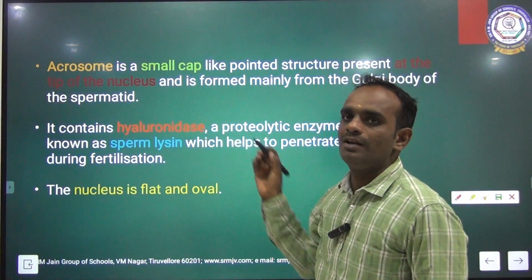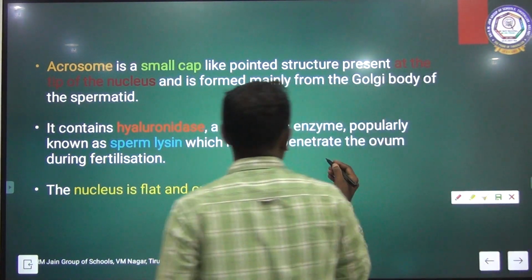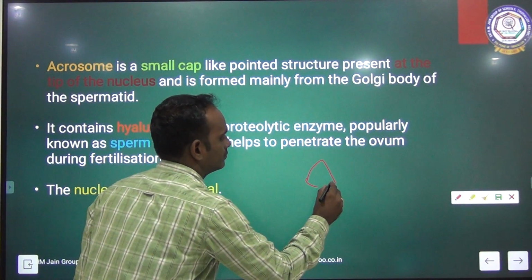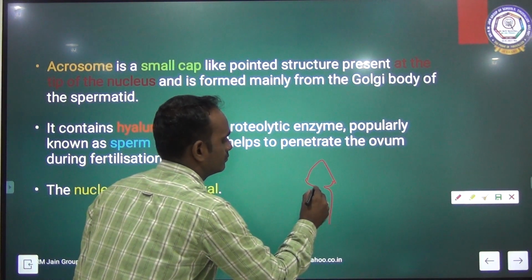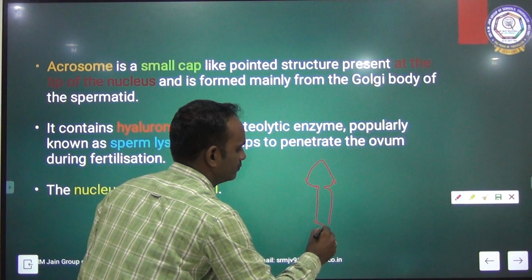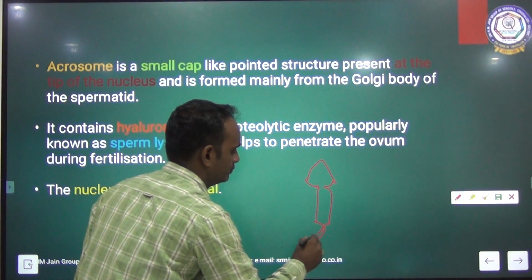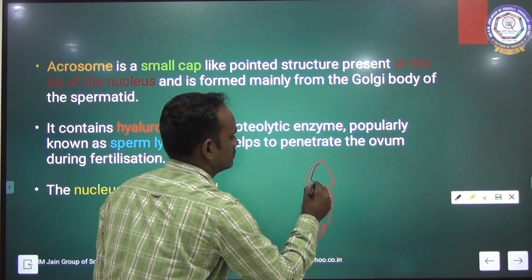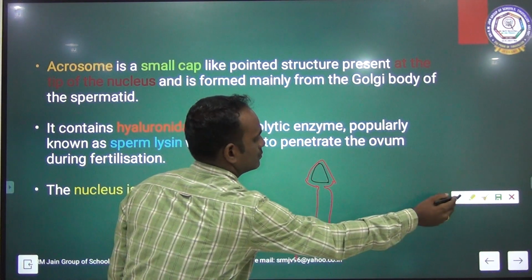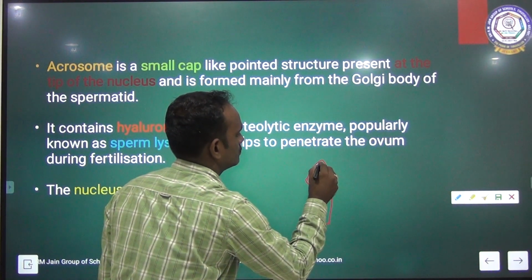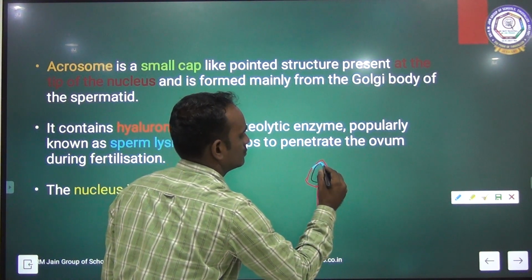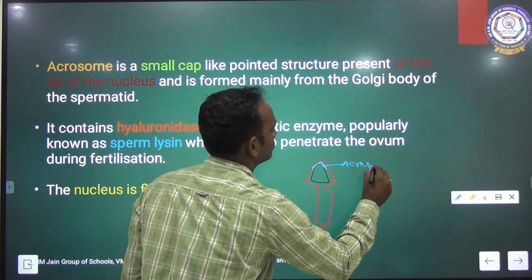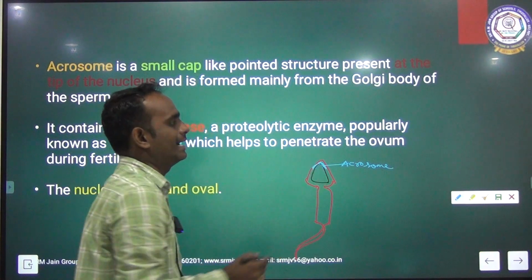The acrosome is a small cap-like structure. See the diagram of the acrosome.